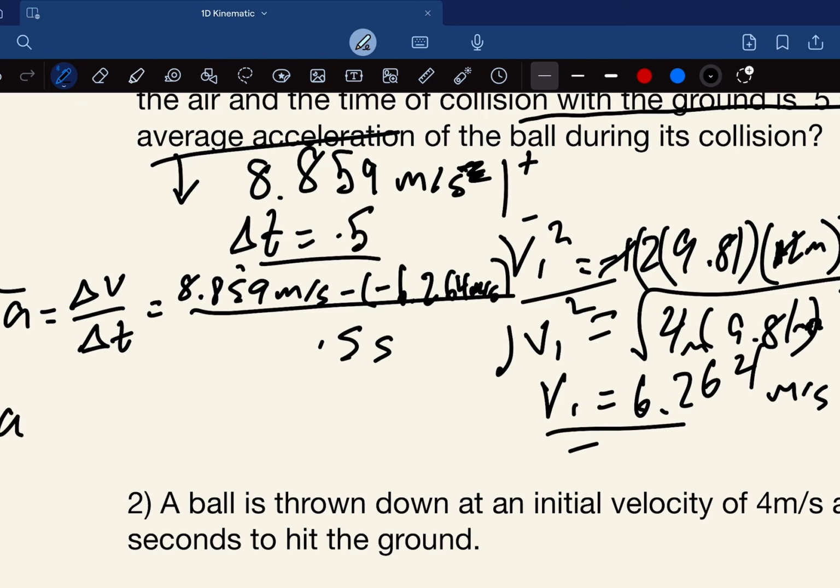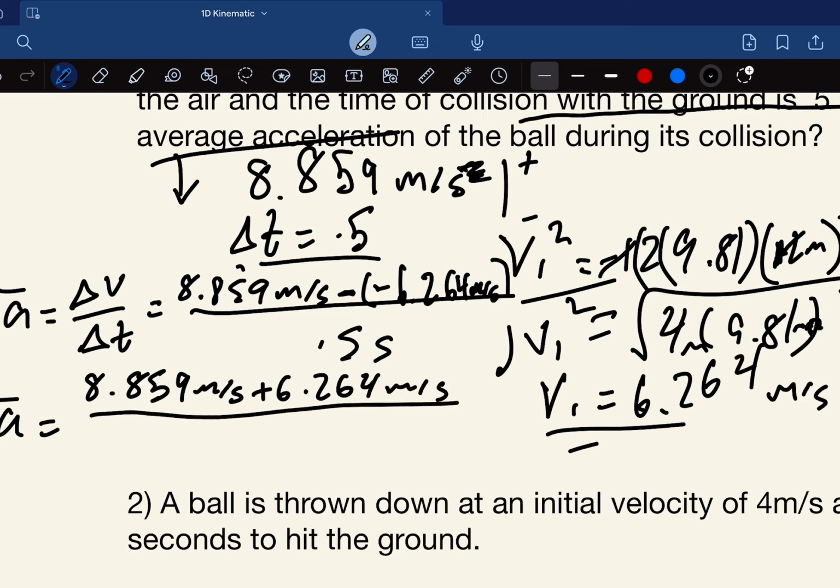So A average equals 8.859 meters per second plus, since minus times negative equals plus, 6.264 meters per second, all divided by 0.5 seconds. So we have our final answer. I'm plugging it in right now.